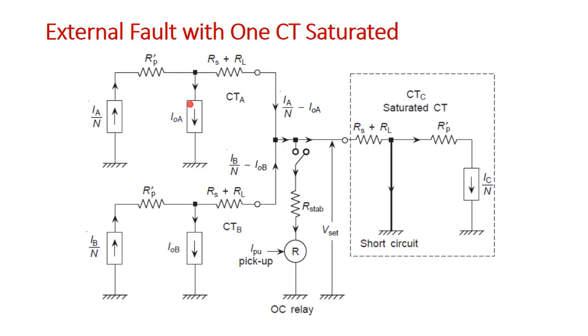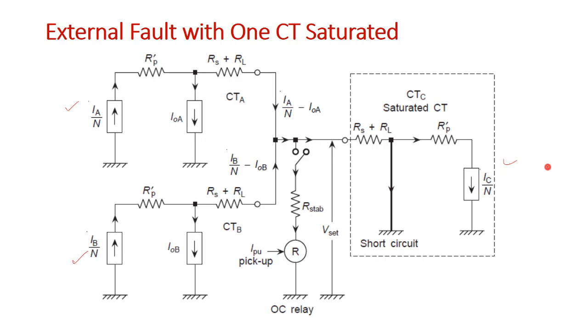This figure is drawn considering the secondary side equivalent circuit of the CT, that is, all the parameters refer to the secondary side of the CT. This is for CTA, this is for CTB, and this is for CTC.